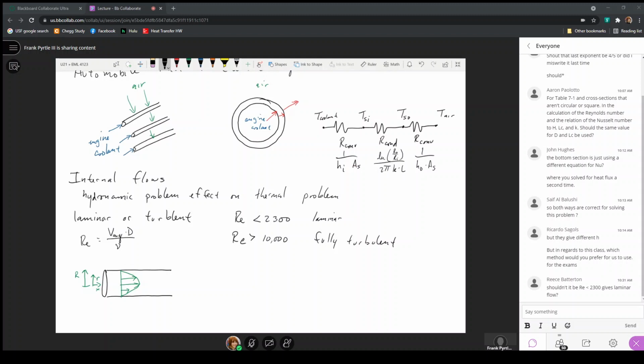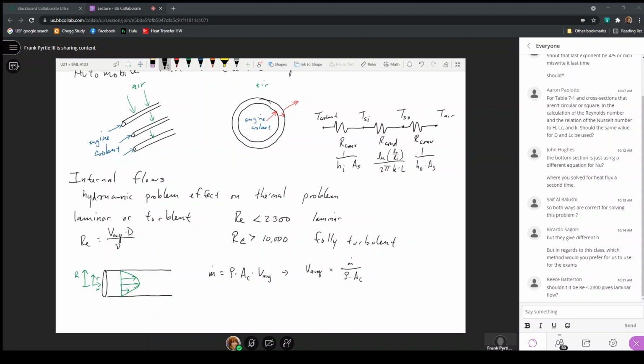The relationship between mass flow rate and average velocity is that the density times the cross-sectional area of the pipe times the average velocity is the mass flow rate. So if the mass flow rate is specified, the average velocity will be equal to the mass flow rate divided by the density times the cross-sectional area.